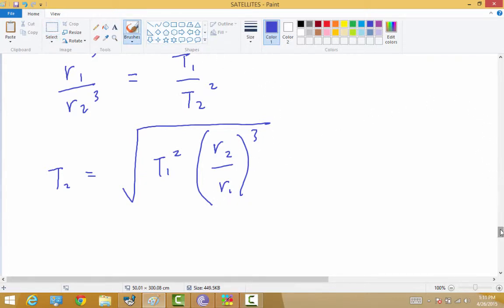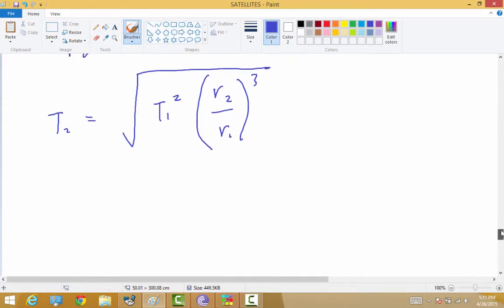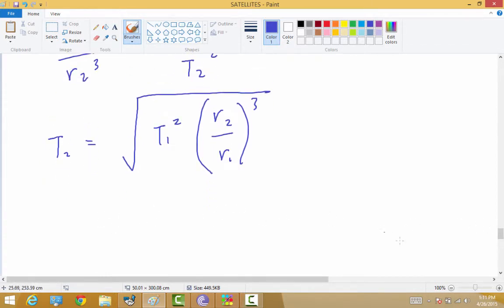Okay, so at this stage we can simplify a little bit further. Now you can put the values in straight away, but let's simplify it a little bit further, so it's easier just to put in the calculator.